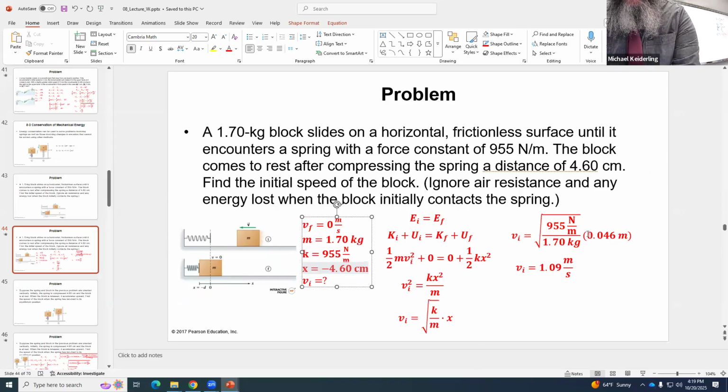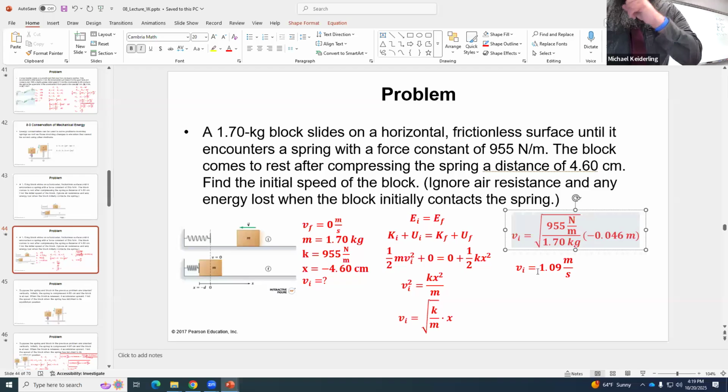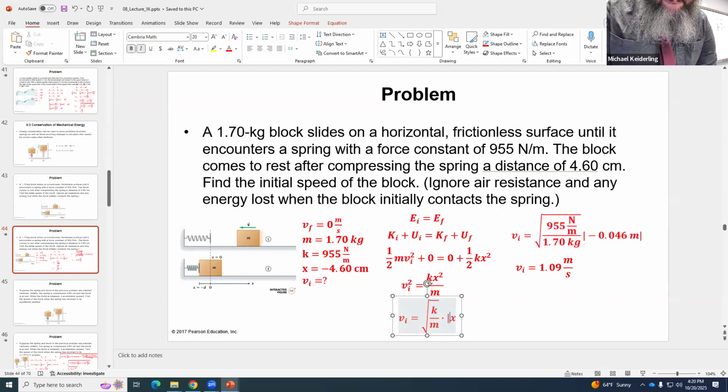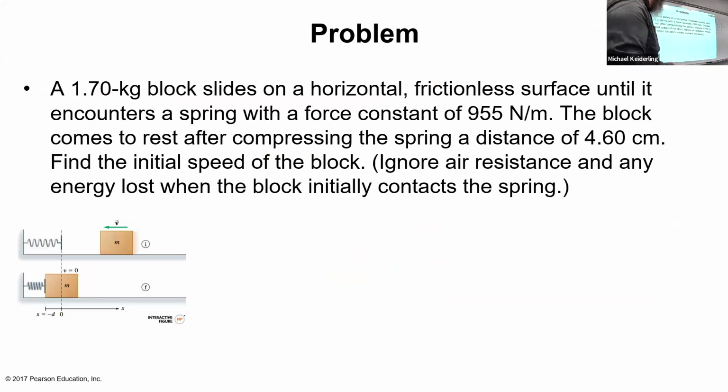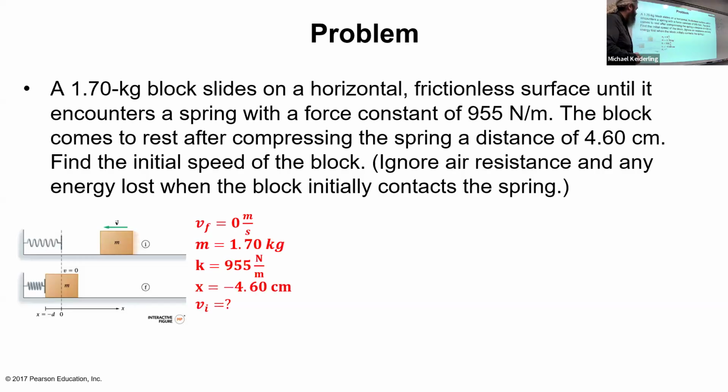Negative. Sorry, let me fix that. So our final velocity is 0, m is this, x is negative 4.6 centimeters, and initial velocity v is what we're trying to find.